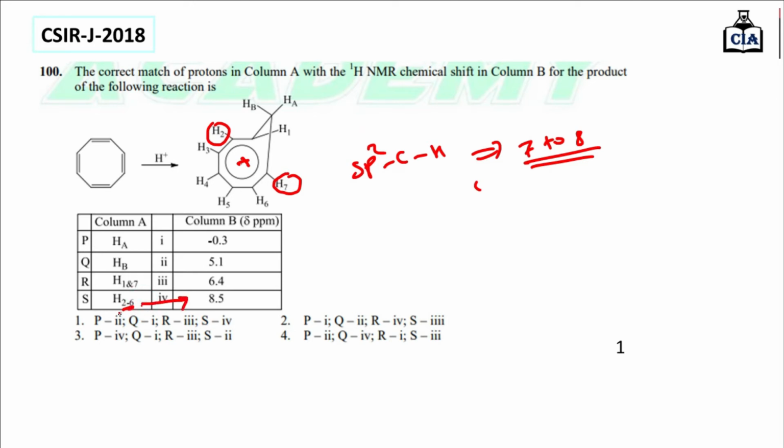Just look at which option has the H2 and H6 protons with chemical shift value 8.5. In the first option, yes, it is correct. So our first option is the correct answer.